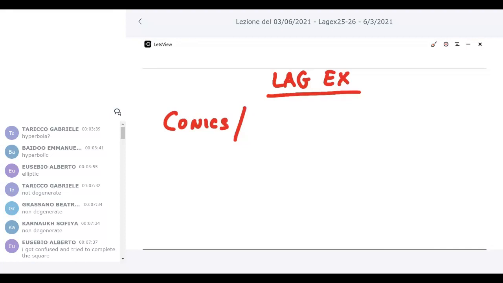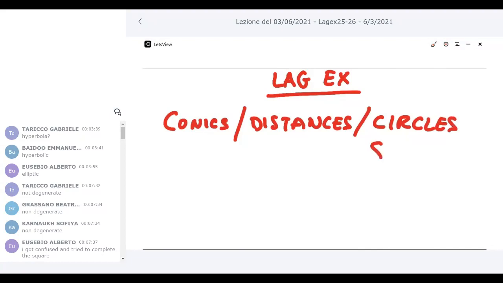And it will be distances, and then circles and spheres. So this is the plan for today. Before starting, do you have any doubt, question, or anything you want to say about what we did up to now, what we'll do today, and the like?